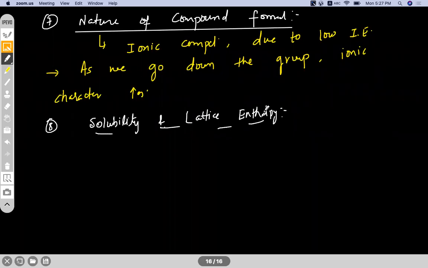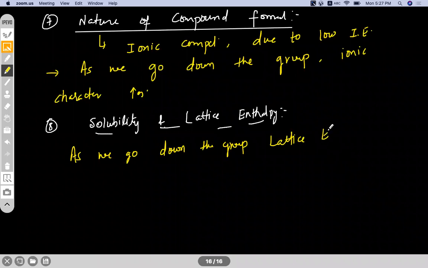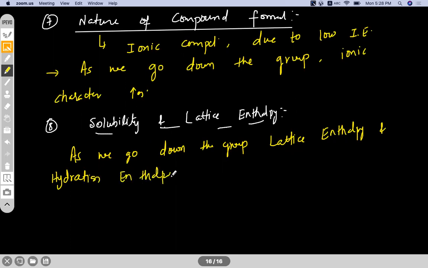Write down, for alkaline earth metals, as we go down the group, lattice enthalpy and hydration enthalpy decrease as the size increases.